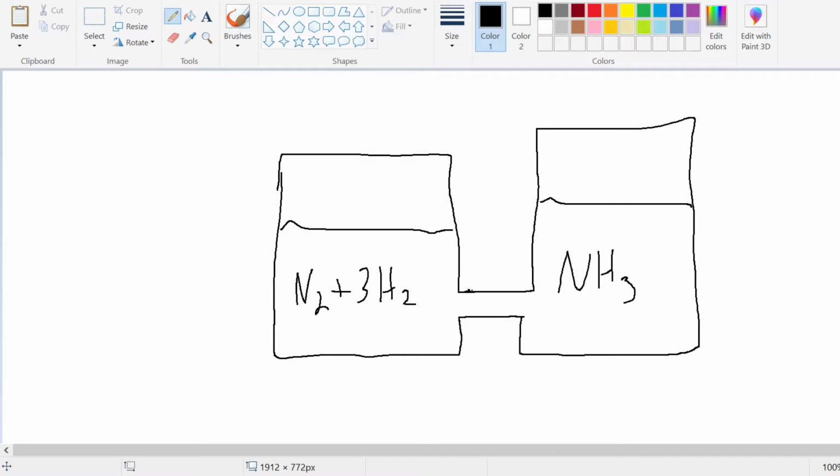All right, so now they're saying that I am removing NH3. So this is just like me taking a pail and pulling out some of this water on the right side. Make sure y'all can still see it. So in that case, it would be essentially the same as if I were to dump water in on this side. All right, so that's how you kind of need to think about it.